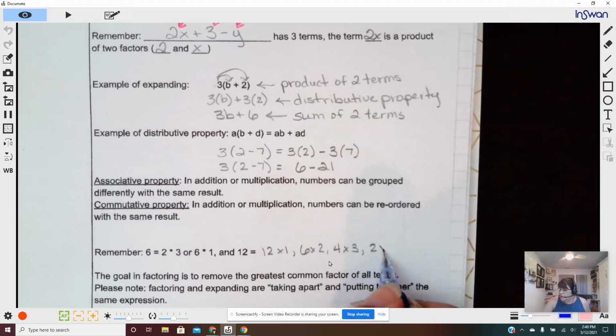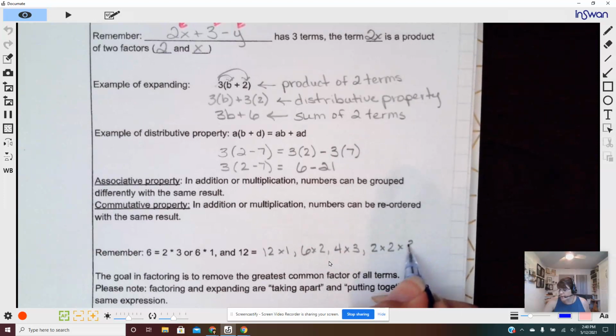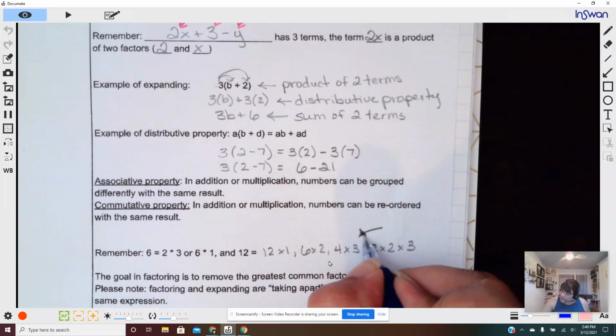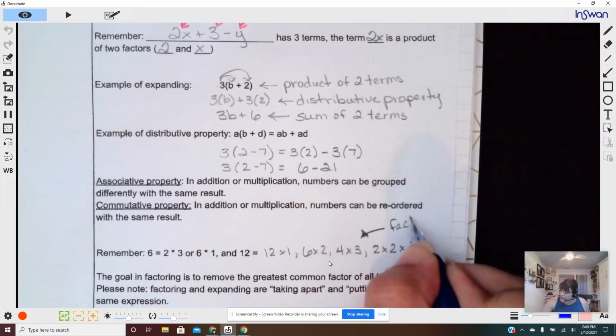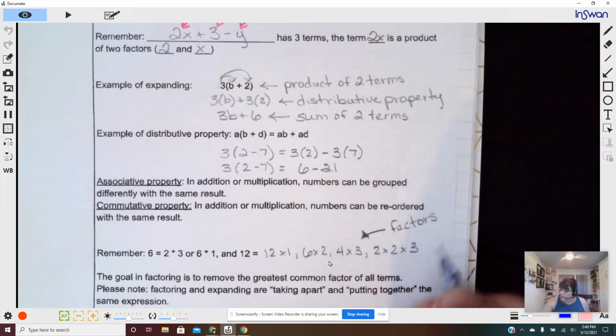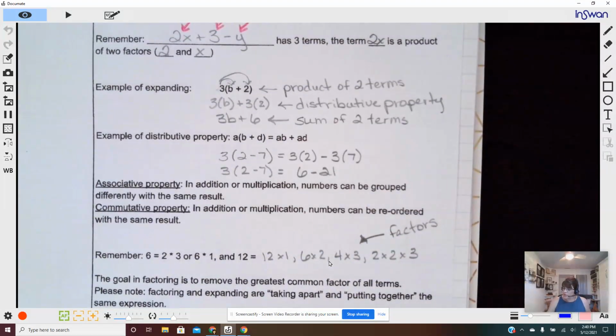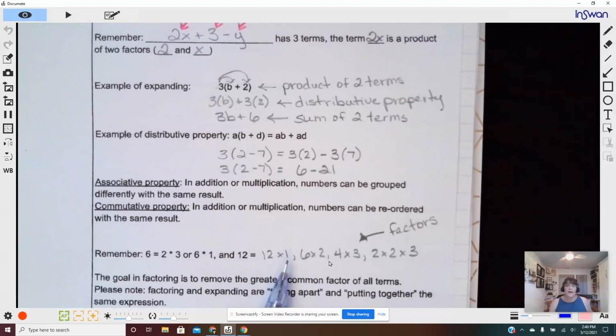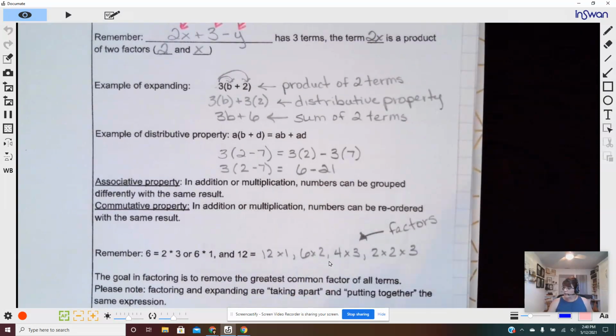It could also be 2 times 2 times 3. And this is us looking at the factors. These factors are going to help us in our next section. You already knew factors. You knew what times what makes a composite number.